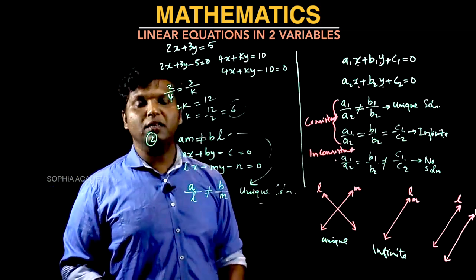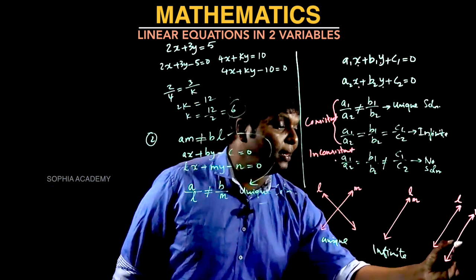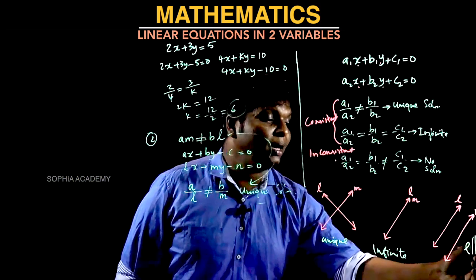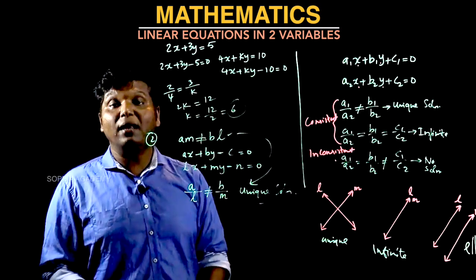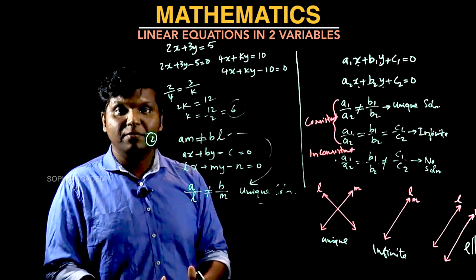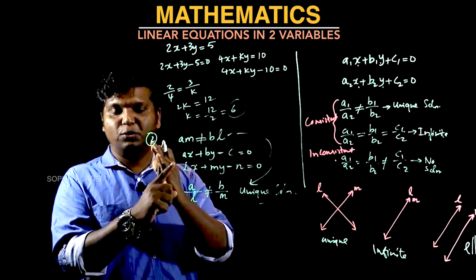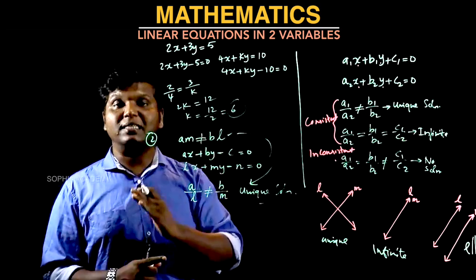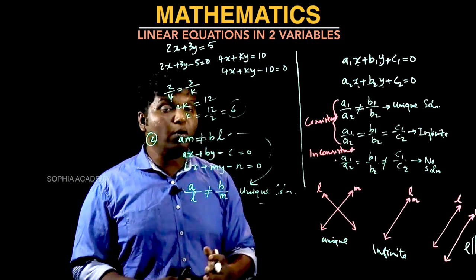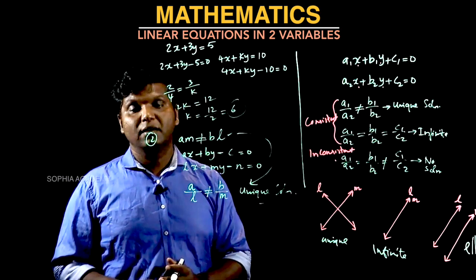And in the third condition, I told you that line L and line M are parallel. Parallel means they are not going to coincide together, they are not going to intersect together. If they are not going to intersect together, what does it mean?